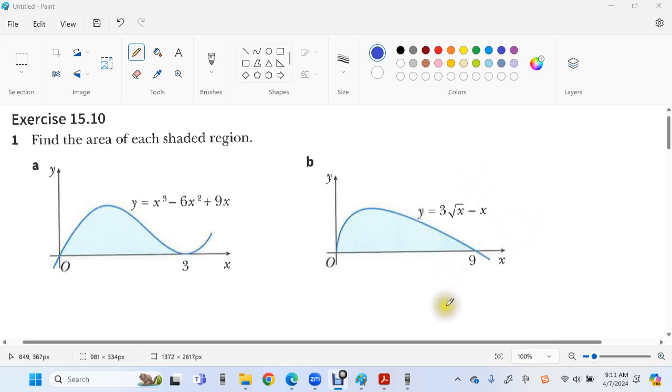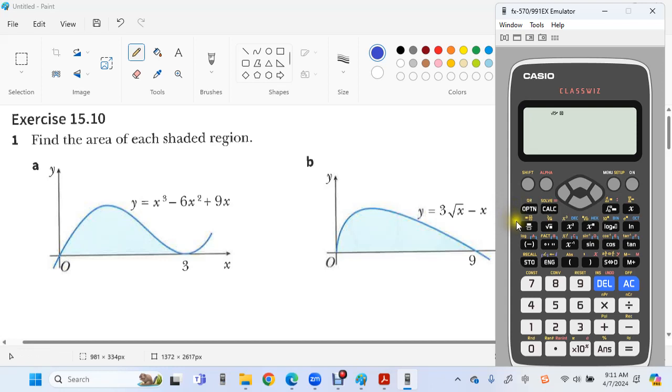So here, we just train how to write the correct equation and how to get the answer straight from the calculator. For this one, it is integrate y equals x cubed minus 6x squared plus 9x from 0 until 3.